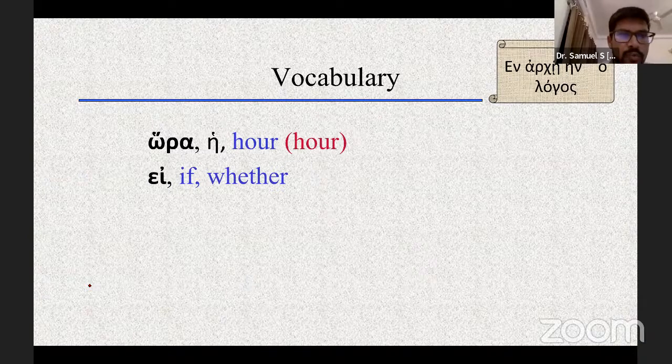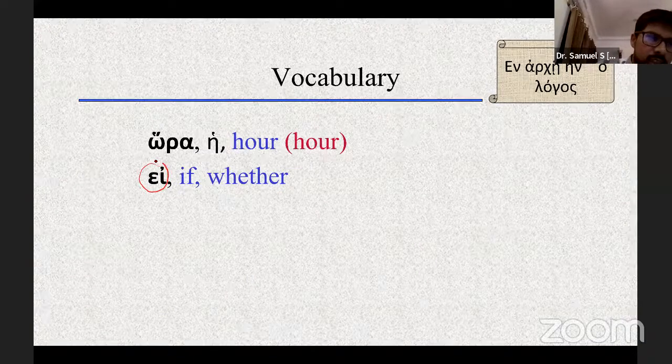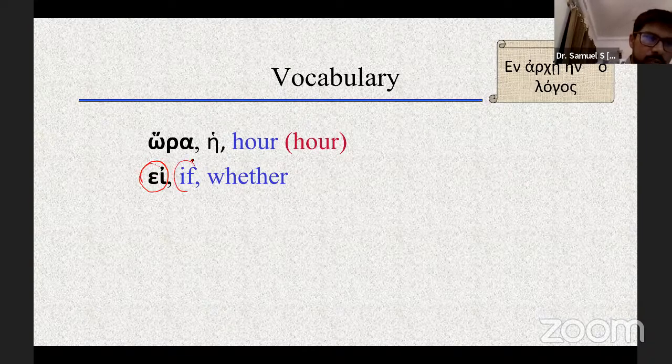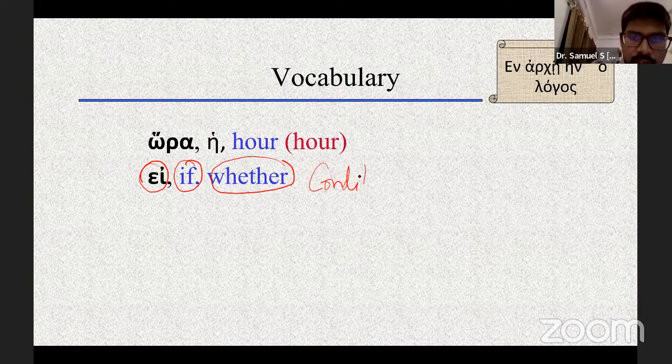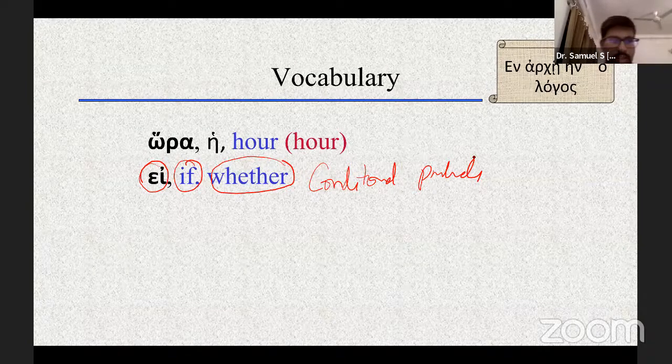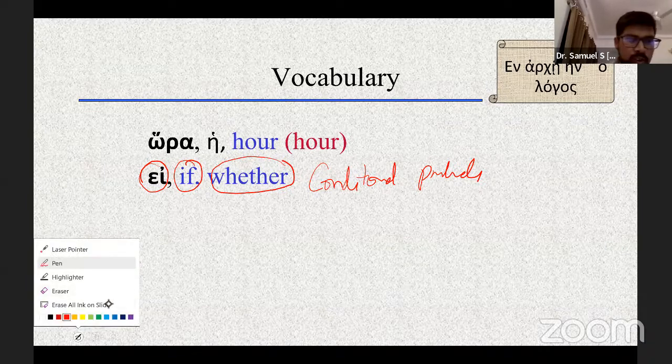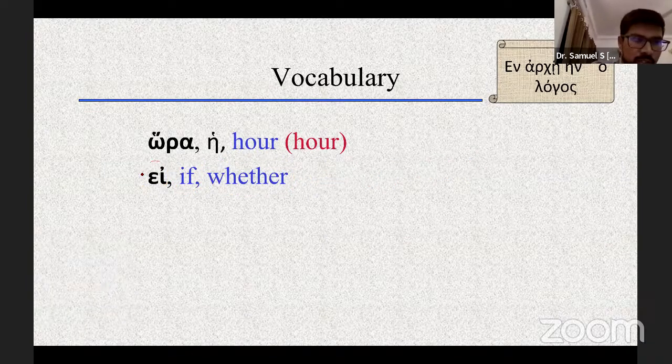Ei, if, whether. Now this is called a conditional particle. If, whether. Maybe someone with a very keen eye would have noticed this ei in the eimi paradigm.